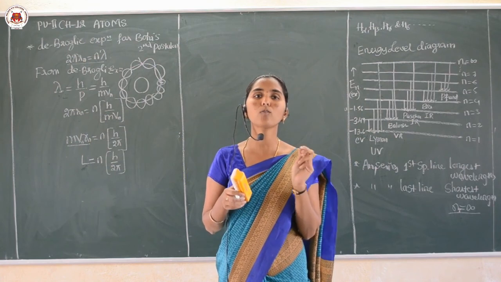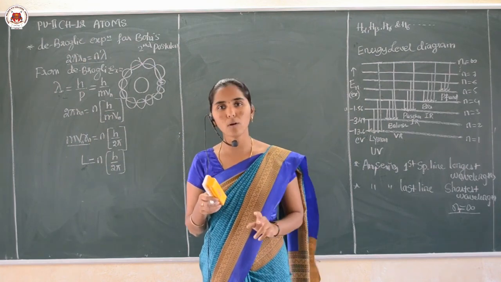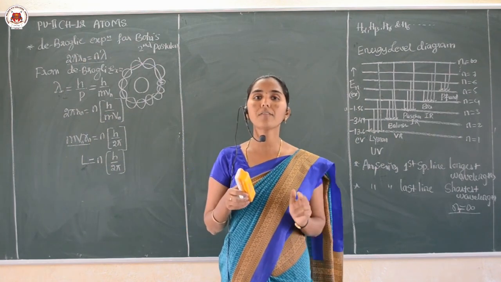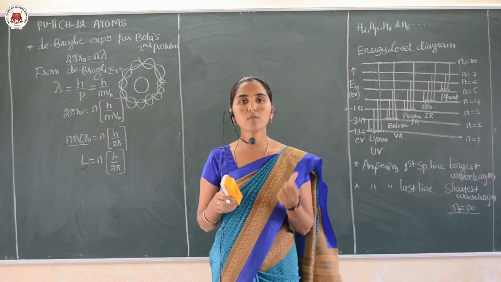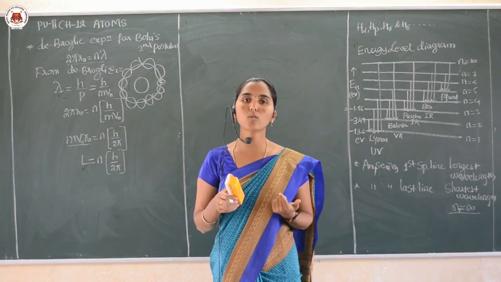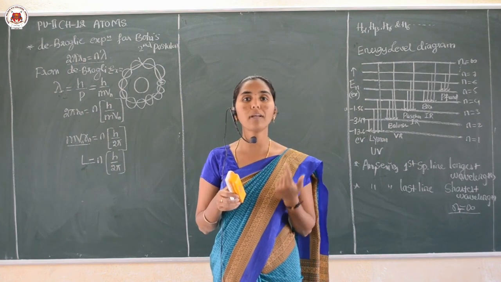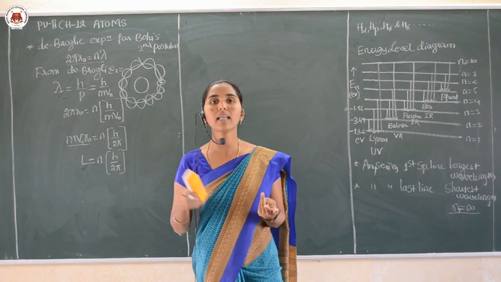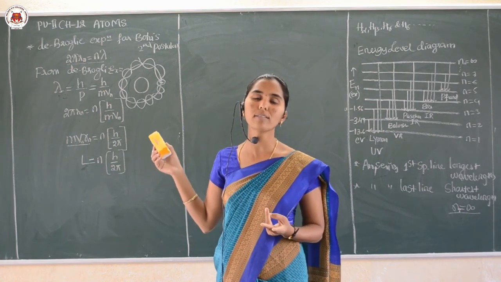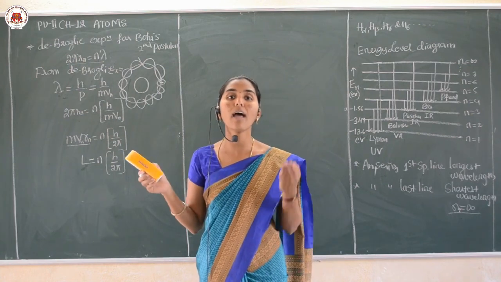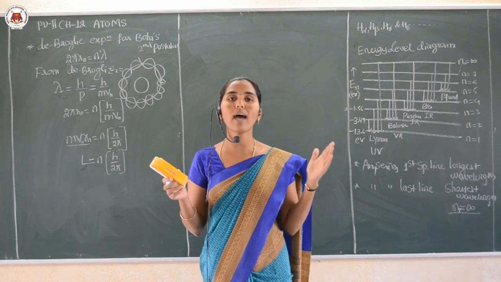These are a few drawbacks of Bohr's atomic model. Later we derived the expression for the radius of the nth orbit, then the total energy of the electron in the nth orbit, frequency, wavelength, and today we discussed all the series related to the atomic spectra of hydrogen.